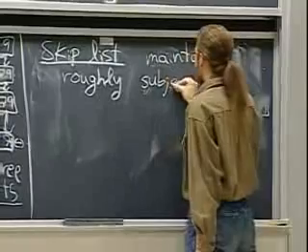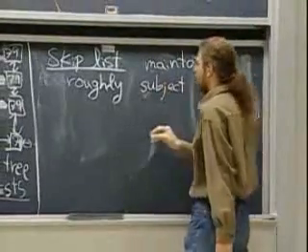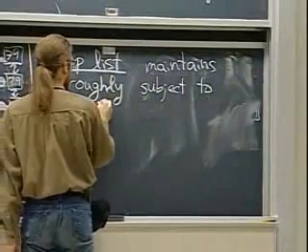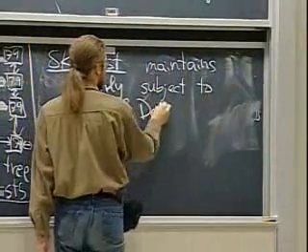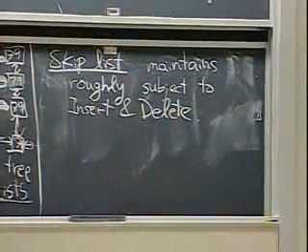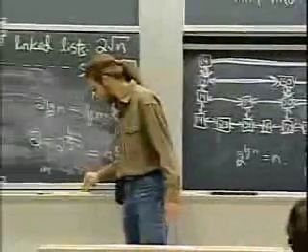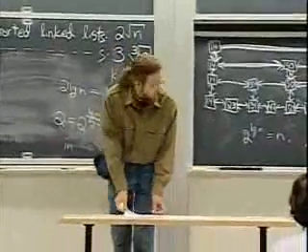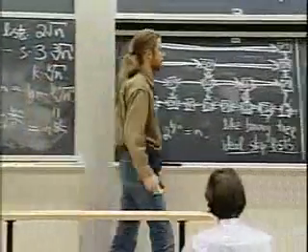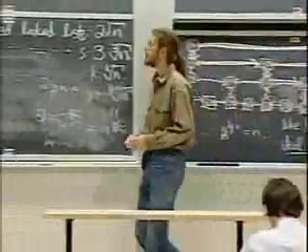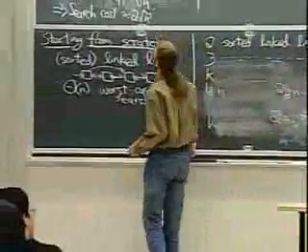And we need to somehow implement insertions and deletions and maintain roughly this structure well enough that the search still costs order log n time. So let's focus on insertions. If we do insertions right, it turns out deletions are really trivial.